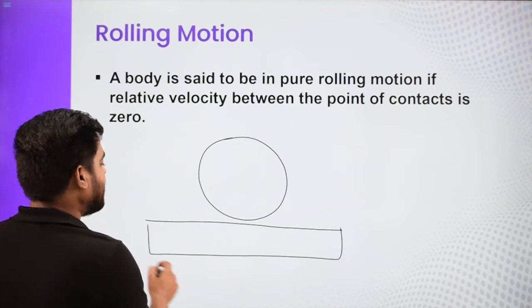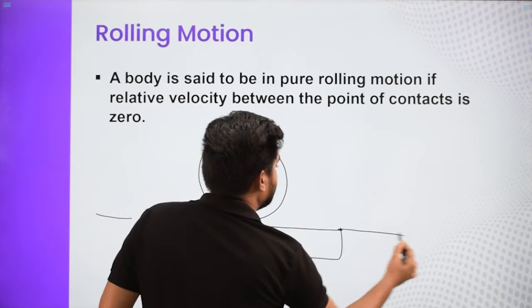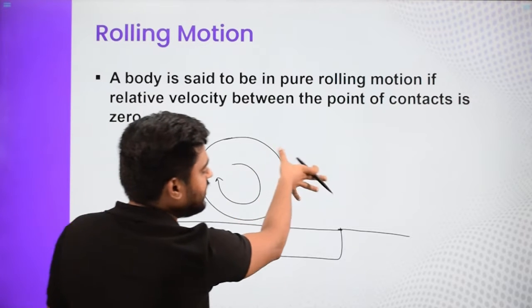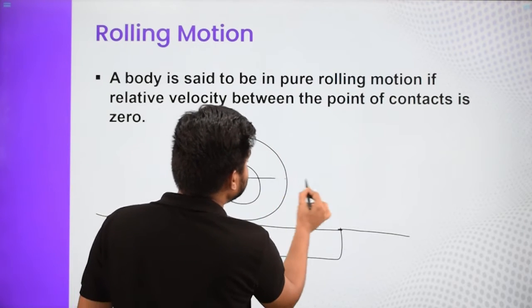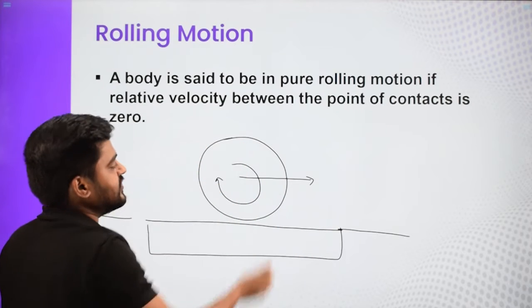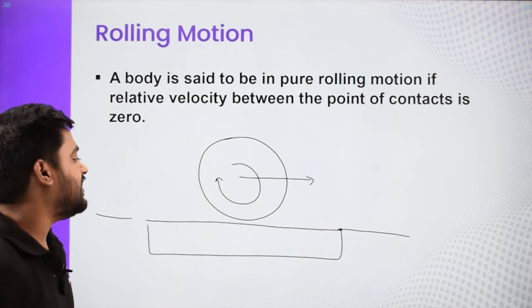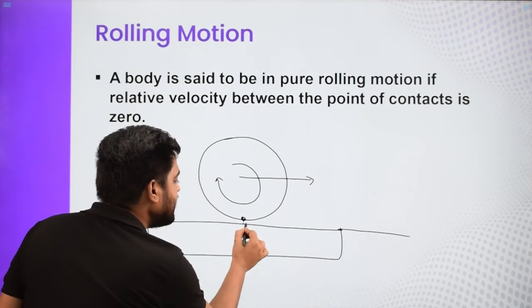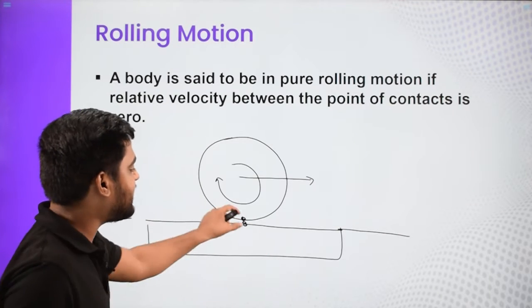As of now we can consider that to be the ground. This object is rotating and rolling like that, so it is translating and it is rotating also. It is called pure rolling if the point which is in contact with the ground and the point on the ground both have the same velocity.